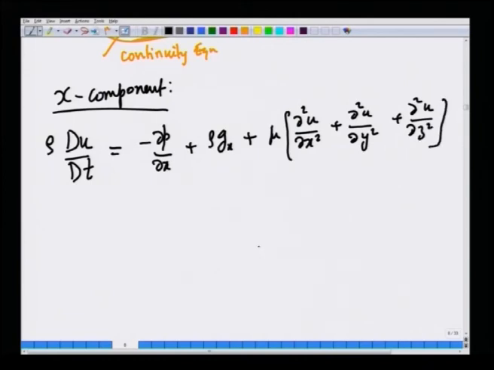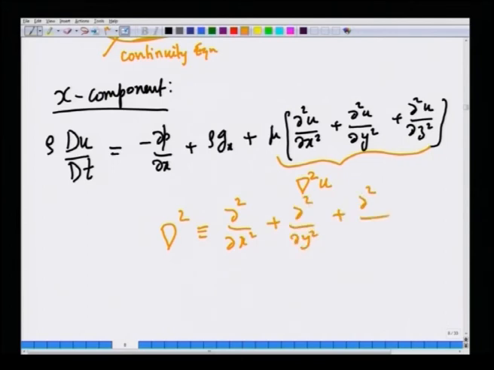This is nothing but the Laplacian del squared of u, where del squared is the operator partial squared by partial x squared plus partial squared by partial y squared plus partial squared by partial z squared.